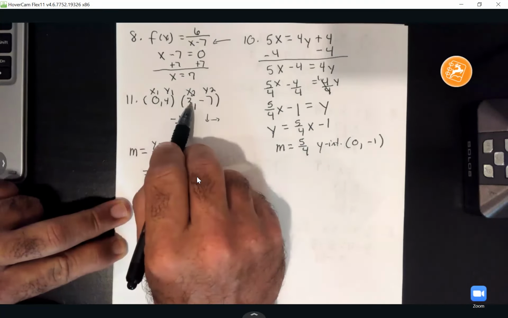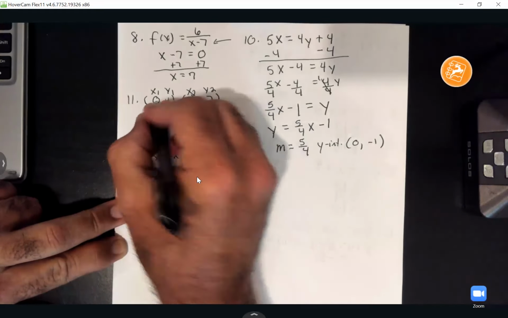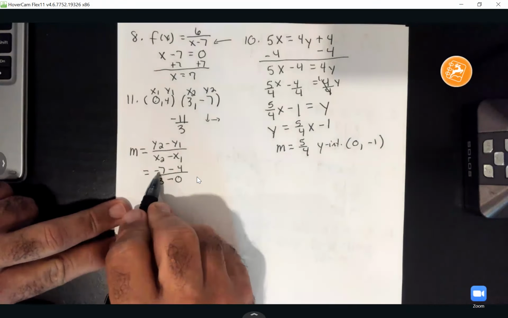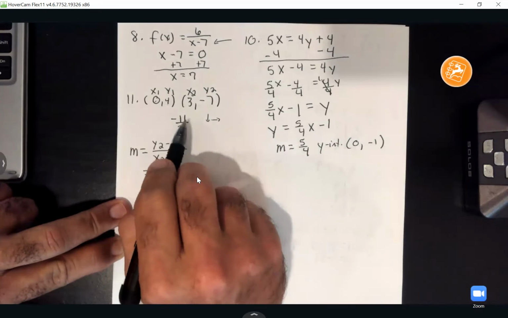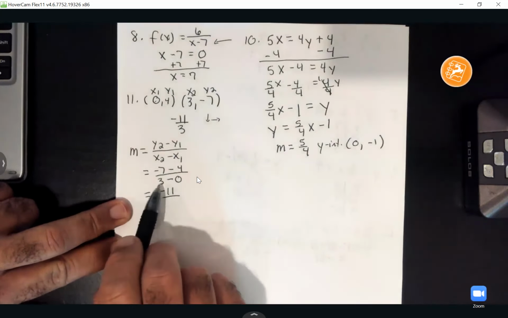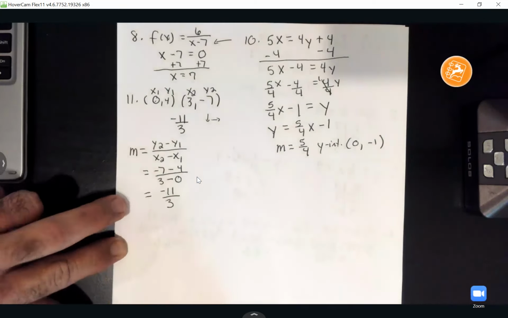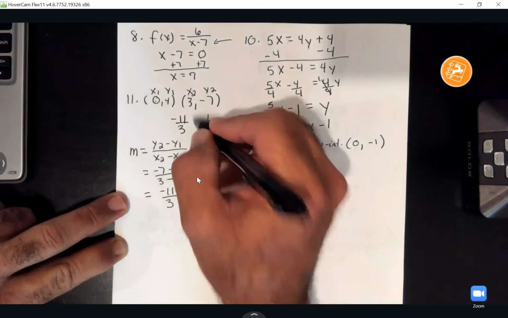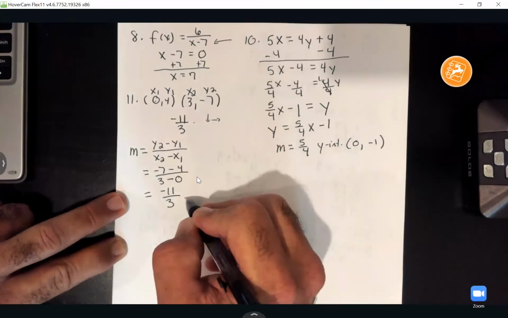On the bottom, x2 is 3 minus my x1, which was 0. And y'all look at that. -7 minus 4 is -11. That's what I needed on top. And then 3 minus 0 is 3 on the bottom. So notice, when I counted down and right, I got -11/3. When I used my slope formula, I got -11/3.